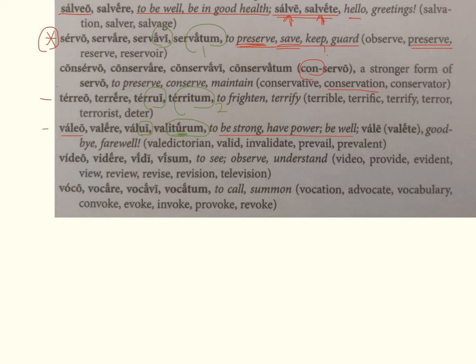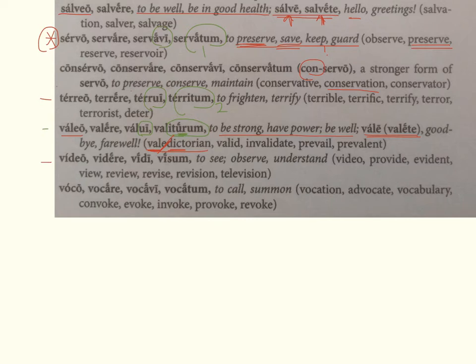And like vale and valete, vale and valete is how they said goodbye, farewell. And so if you're saying goodbye to your friend, you'd say, vale friend, be strong friend, have power friend. And that's how they said goodbye. So for example, a valedictorian is somebody who speaks, dict, goodbye, who says the goodbye for everyone. Kind of a fun little derivative.